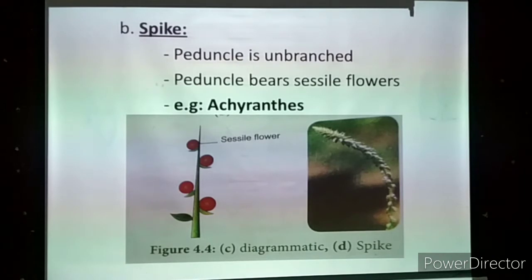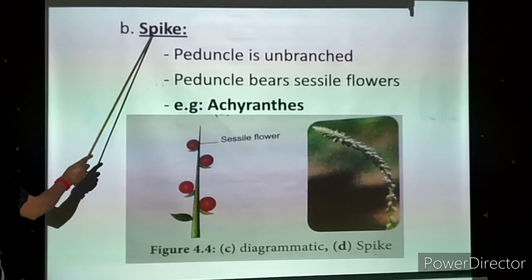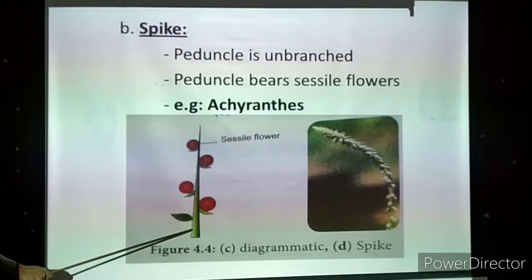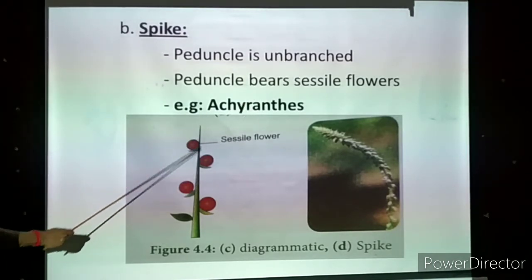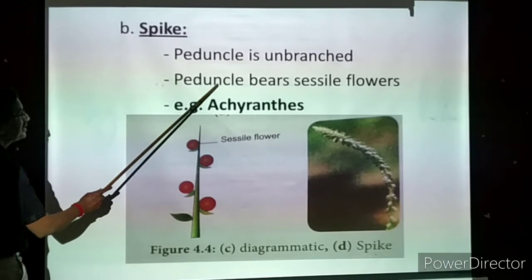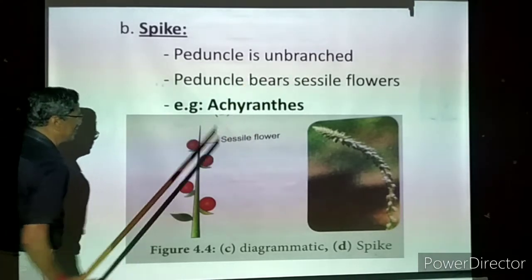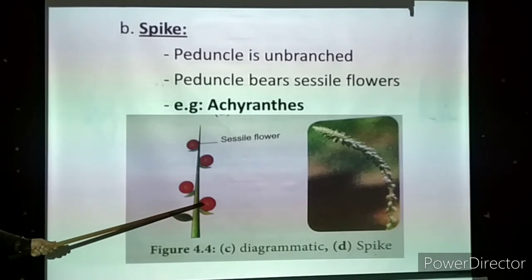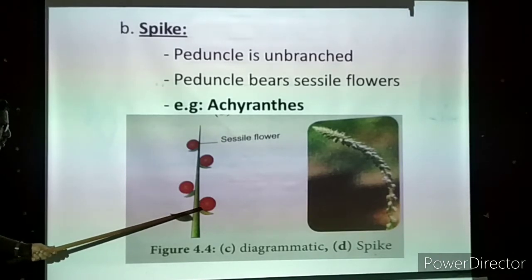Now we'll take what are the characters of spike. Peduncle is unbranched like the previous one. The peduncle is growing continuously and it is unbranched. Peduncle bears sessile flowers. I already told you, this is a flower but it does not have a stalk. Individual stalk will not be present. This is the flower base directly attached to the peduncle.